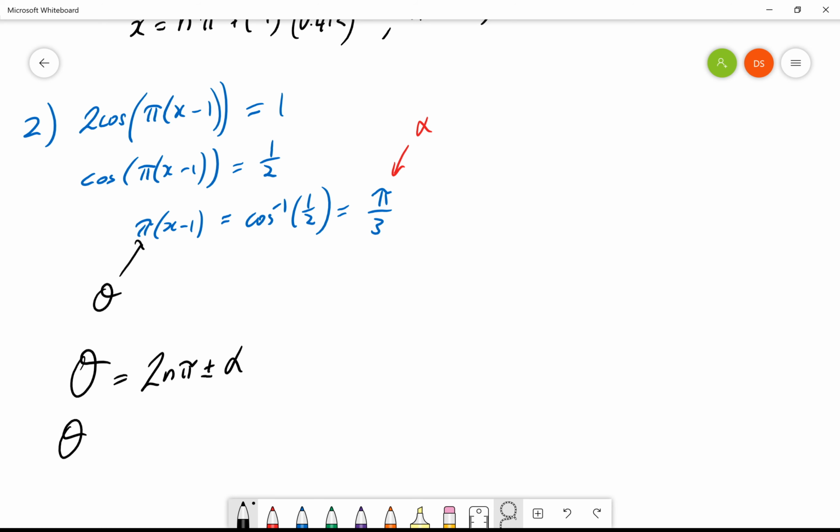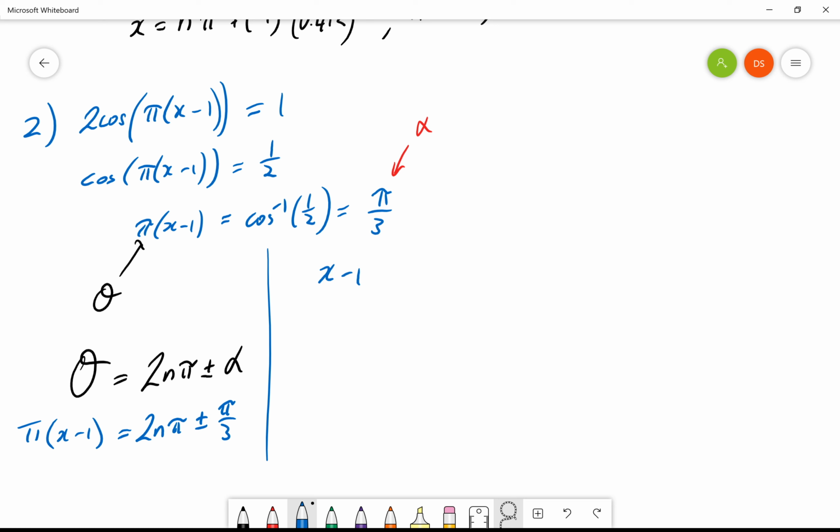And so I'm going to substitute those in and see what happens. Theta, well, theta in this situation is not theta. Pi x minus 1 is equal to 2n pi plus or minus pi on 3. Okay? You're like, okay, let's go. What do we do now? I'm going to notice that there's a pi on all of them. I'm going to divide through by pi.